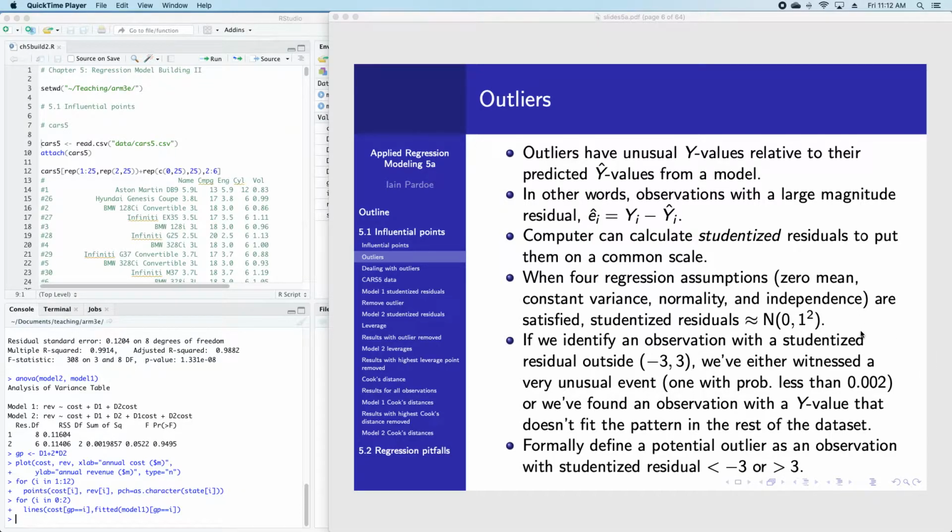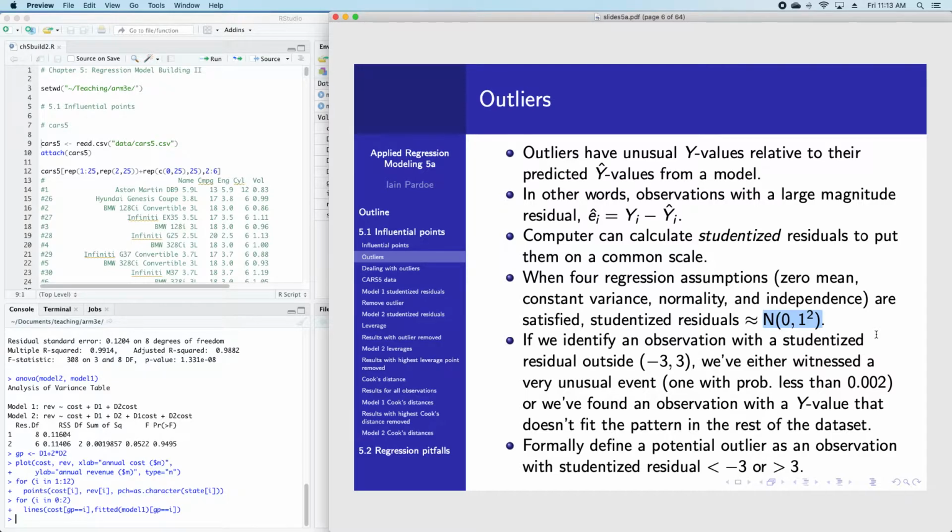Given our understanding of the normal distribution, we know that the majority of observations for a standard normal distribution are going to be within plus or minus 3, and so that gives us a useful rule of thumb for designating an outlier. We're going to say a data point is an outlier if it's got a studentized residual that's either bigger than plus 3 or smaller than minus 3.